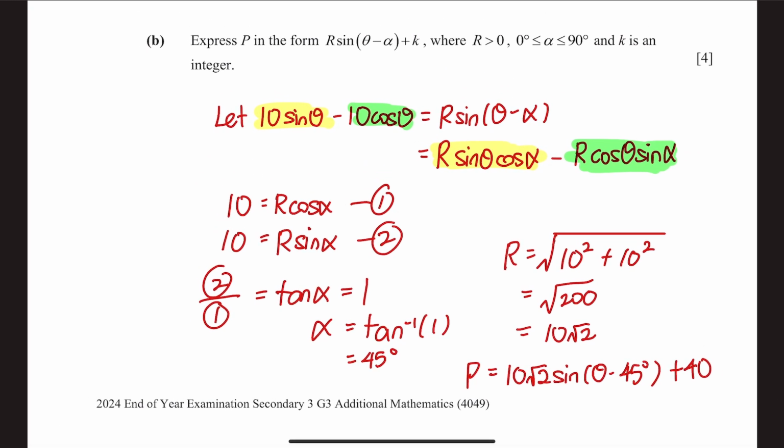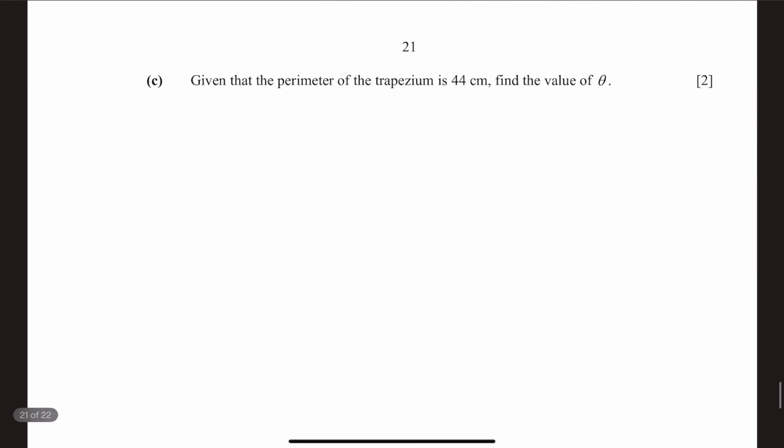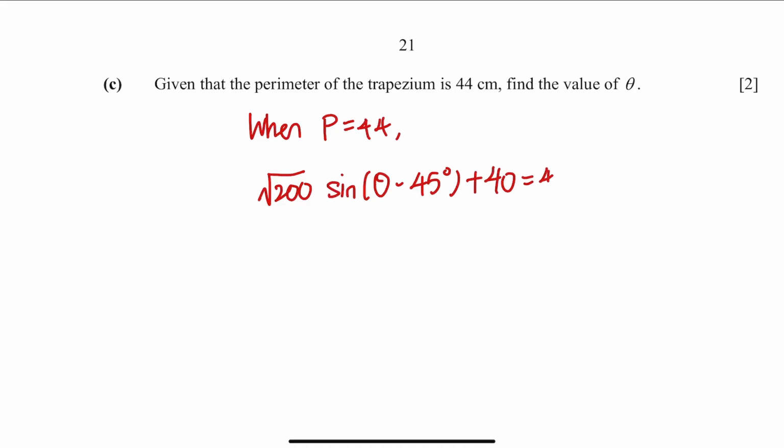Alright. Okay, and for the last part, given that P is 44, find the value of theta when P is equal to 44. Okay, this means that square root 200 sine theta minus 45 degrees plus 40 is equal to 44.